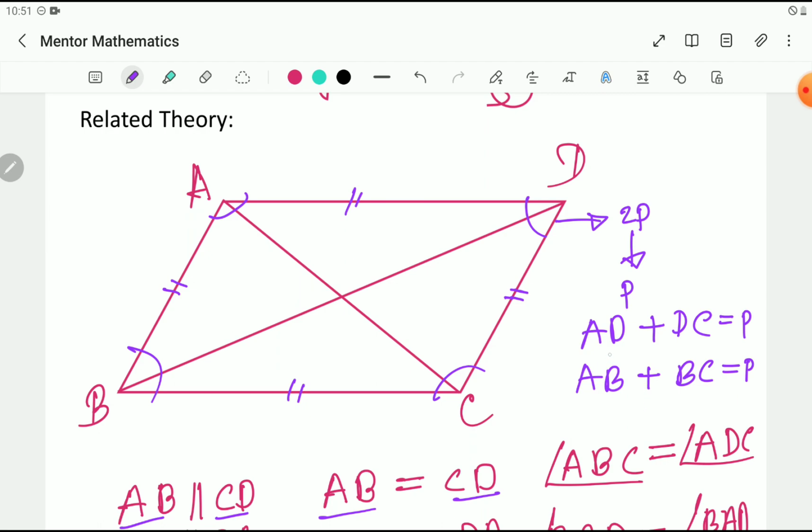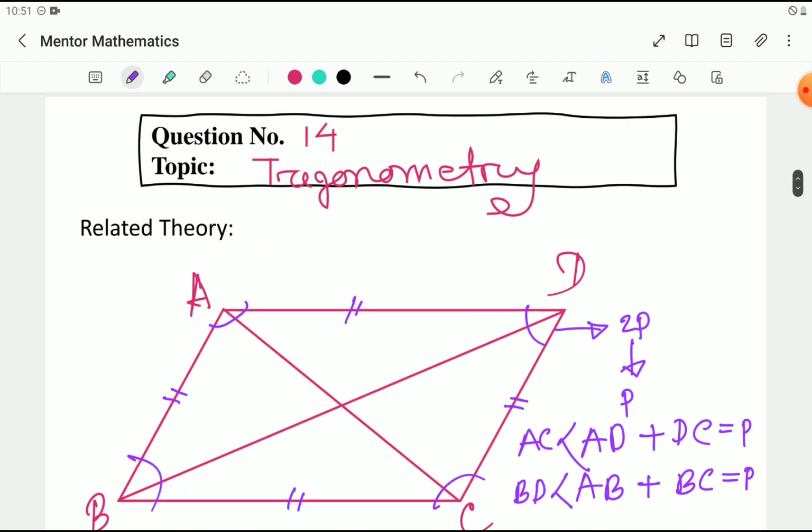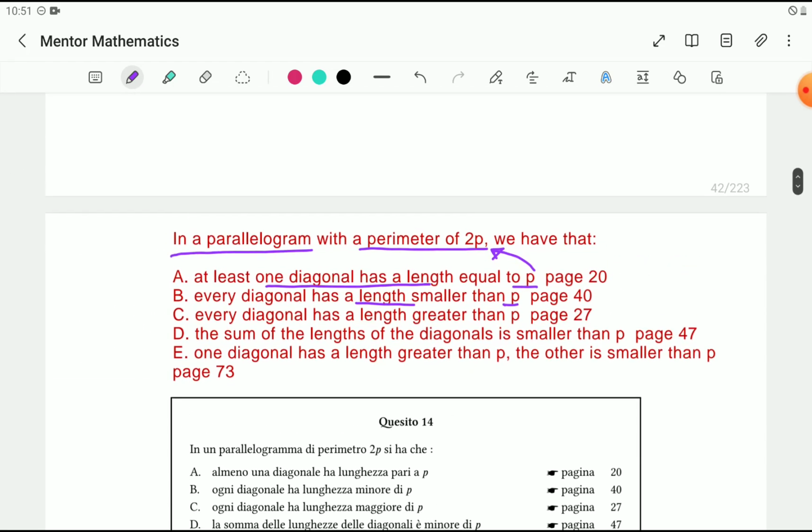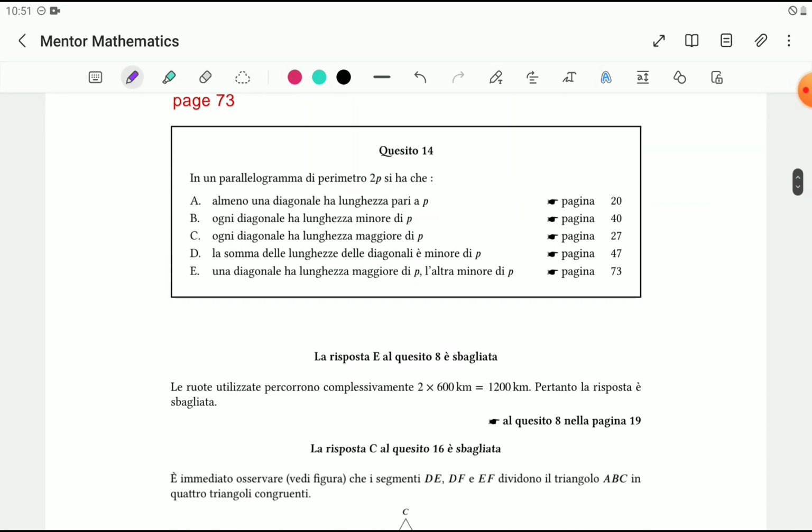But the first statement is not correct, because without any calculation we can conclude that AC is less than p, or BD is also less than AB plus BC. Our second option is every diagonal has a length smaller than p.